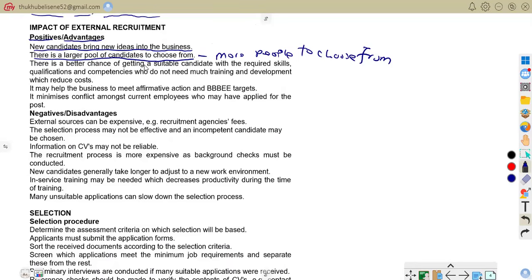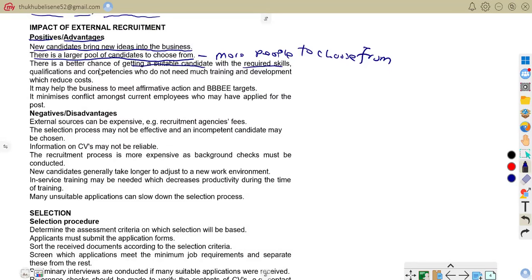There is a better chance of getting suitable candidates with the required skills, skills and experience already available. Like if you are hiring an IT technician with 5 years experience.